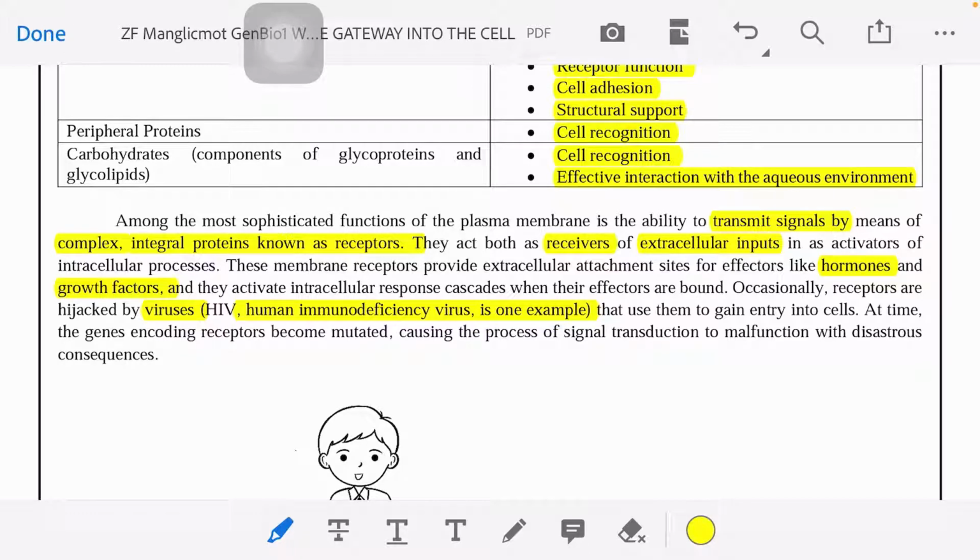This is what you said earlier, that a cell membrane does not allow all materials to pass through.